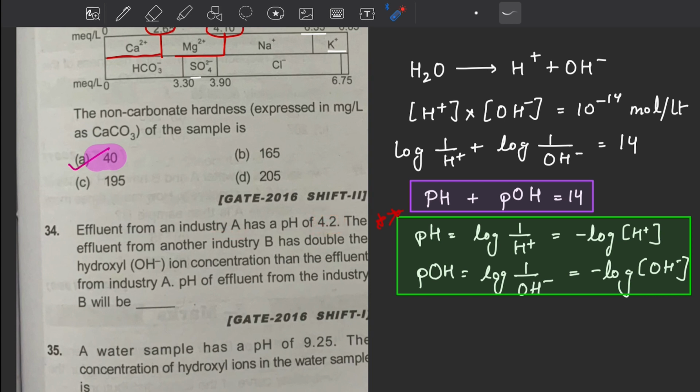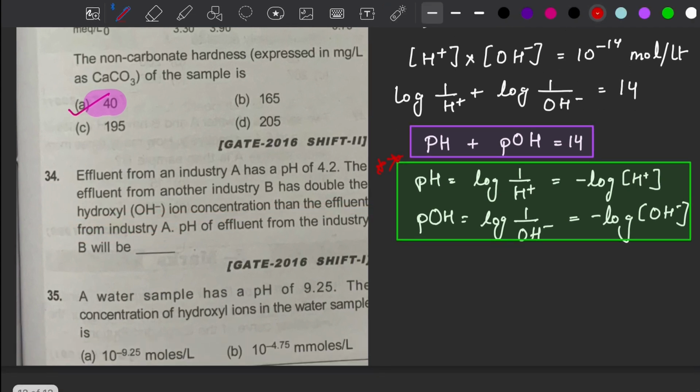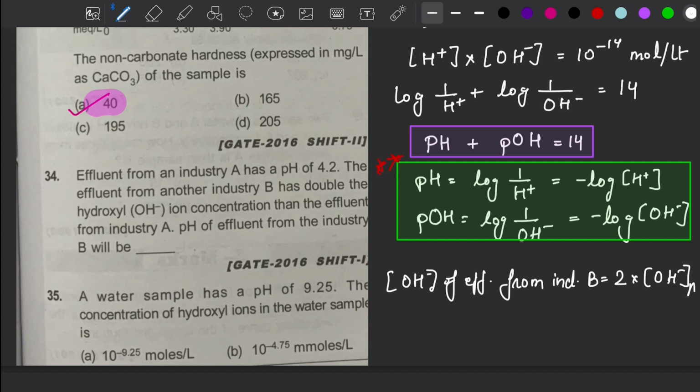Now in this question we are given that the effluent from an industry A has pH of 4.2, and effluent from another industry B has double the hydroxyl ion concentration than the effluent from industry A. So they have simply said that the OH minus of effluent from industry B is 2 times the OH minus of A. So we can say OH minus of B is 2 times OH minus of A, right?